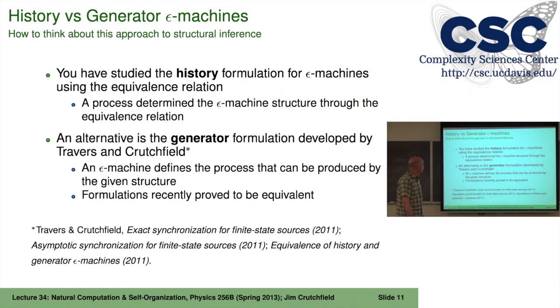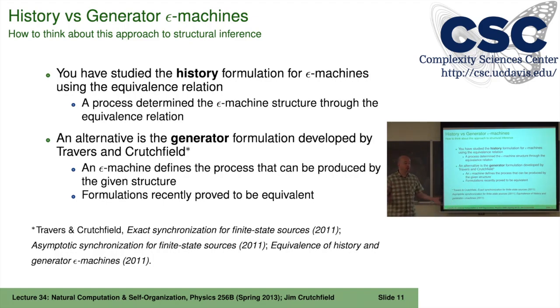And then something that we're kind of talking about, and I'm not going to belabor this, but I wanted to bring out this idea that the way that we're thinking about epsilon machines, and I think most of what you've done has been thinking about the history formulation of epsilon machines, is the idea that you have a process that determines the epsilon machine structure through an equivalence relation.